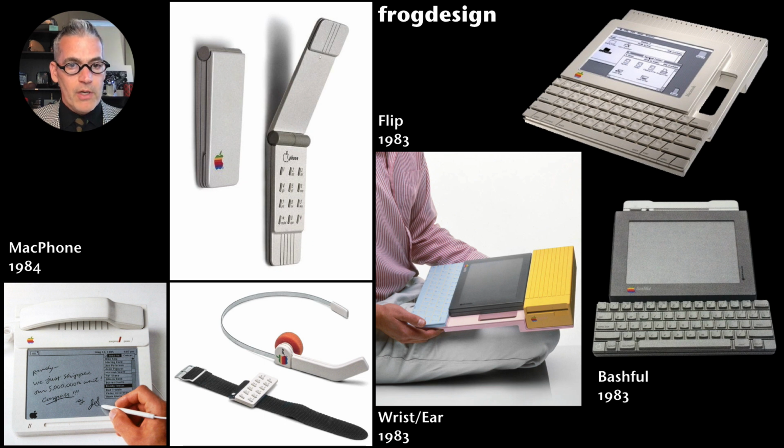A flip phone, a wrist phone and headphone that communicate with each other, a tablet you can write on, a tablet that docks into a station so you can have computing on the go in multiple ways. These have all been realized since, and I think it's pretty humbling to discover that the ideas are as old as they are. These are fully realized models made out of foam and wood and paint and a lot of craftsmanship.